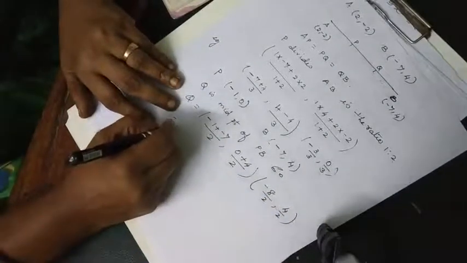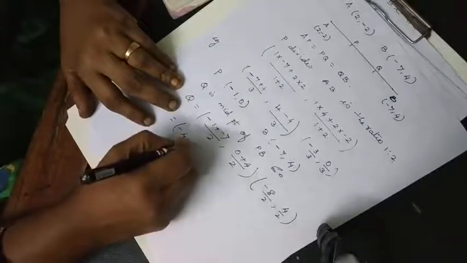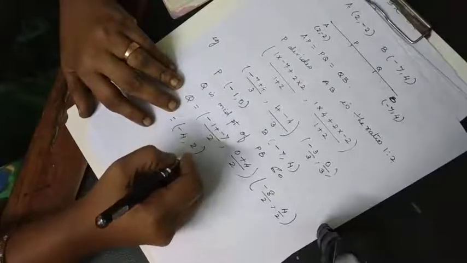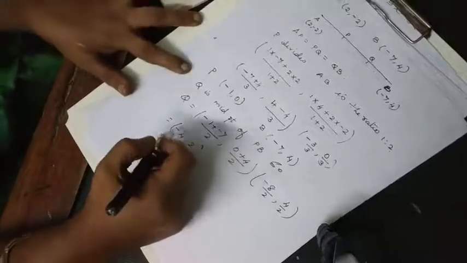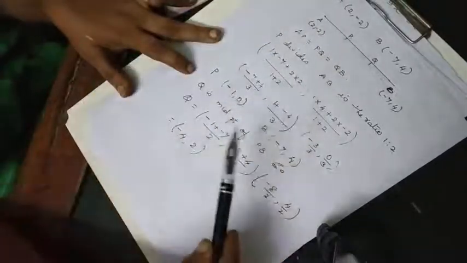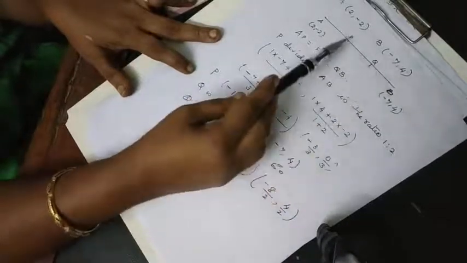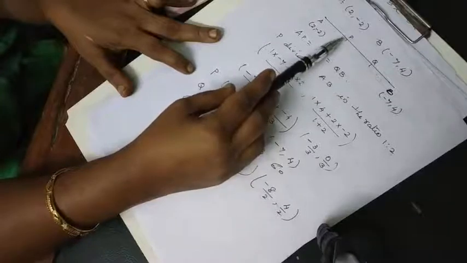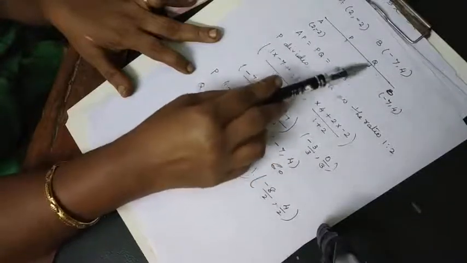Negative 8 by 2 means negative 4, and 4 by 2 means 2. So the coordinates of Q are negative 4, 2. So you got 2 points that divide this line in the ratio 1:2, or divide it into 3 equal parts.